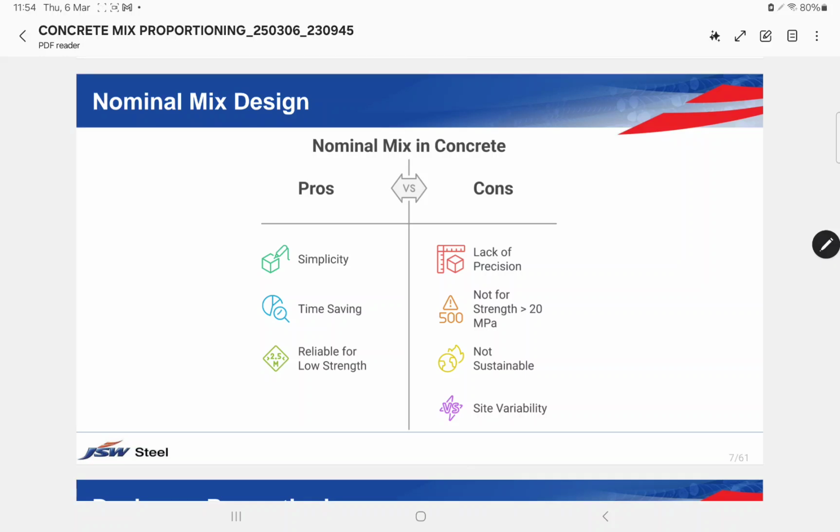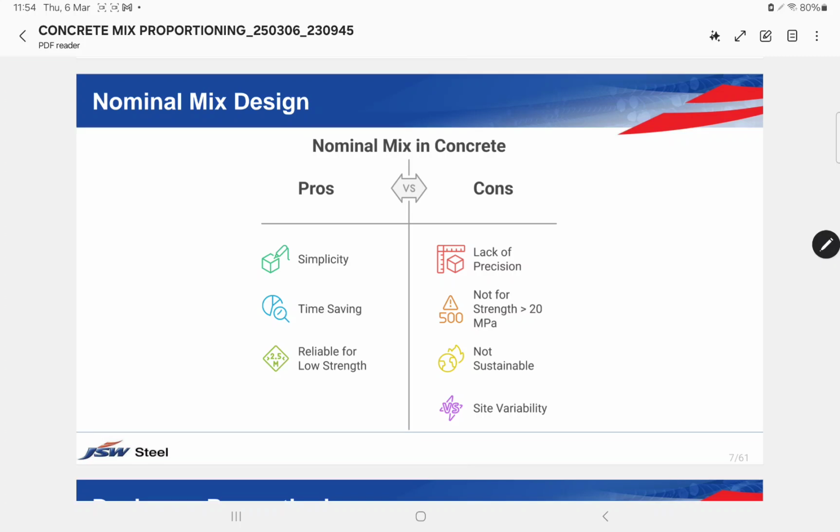If your material changes, then the quantities of material, particularly the water content, will not give you the required workability. And if you need highly workable concrete, this will not give you that workability requirement.